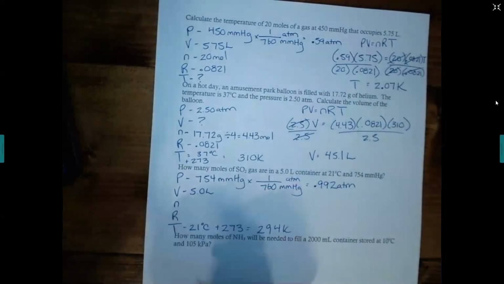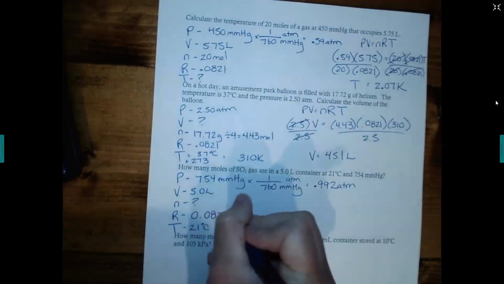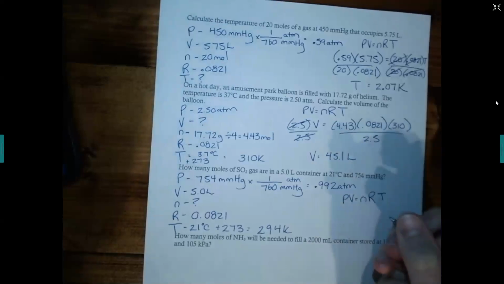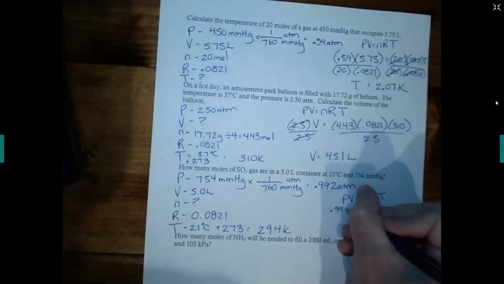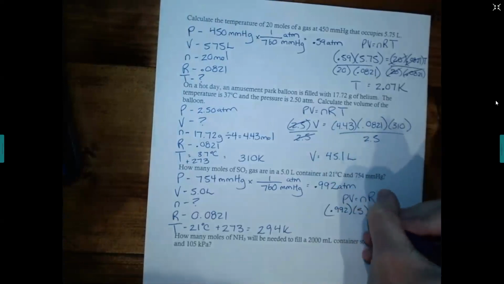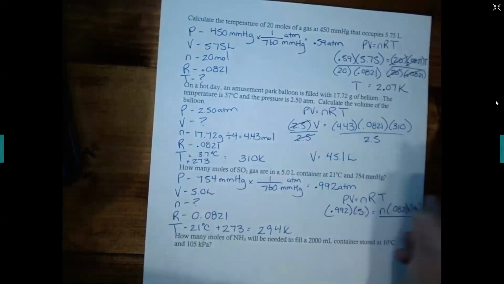And we're solving for moles, and then we know our constant. So 0.992 times 5 equals n times 0.0821 times 294.